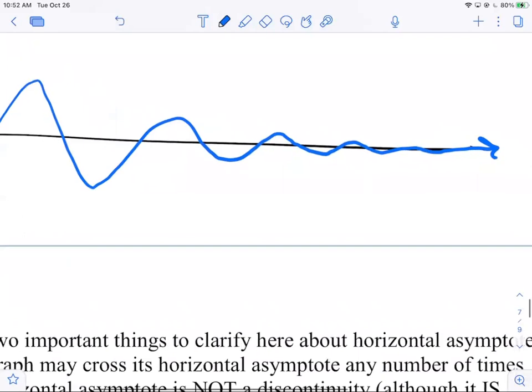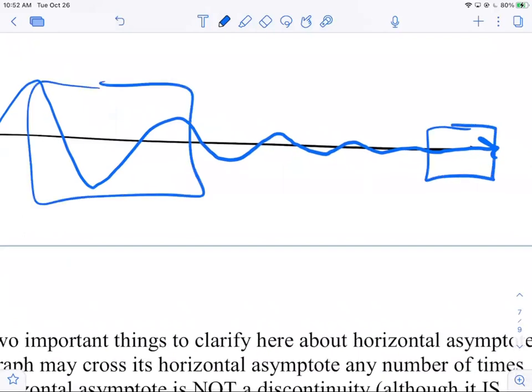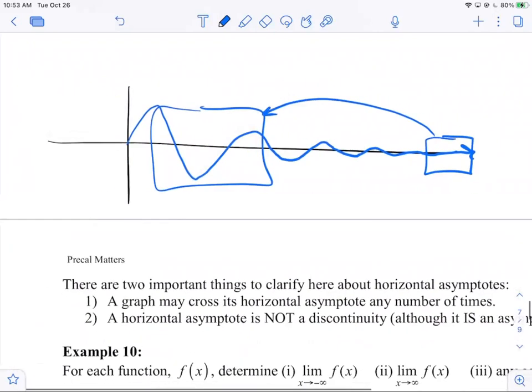But if you were to zoom in way down here, every time, it would look like that, okay? In other words, it does cross the x-axis over and over and over again. But each time it crosses it, it stays closer to the x-axis. It doesn't veer as far away from it.